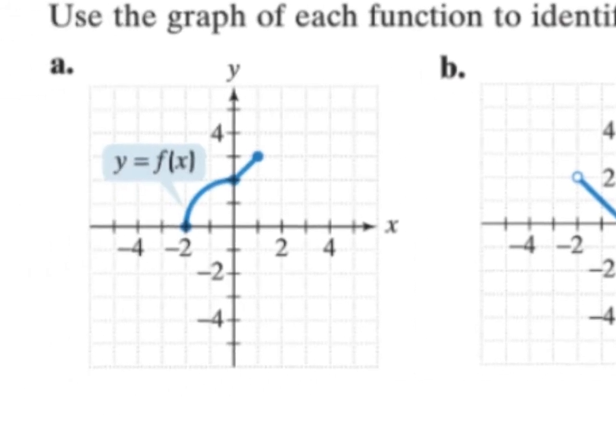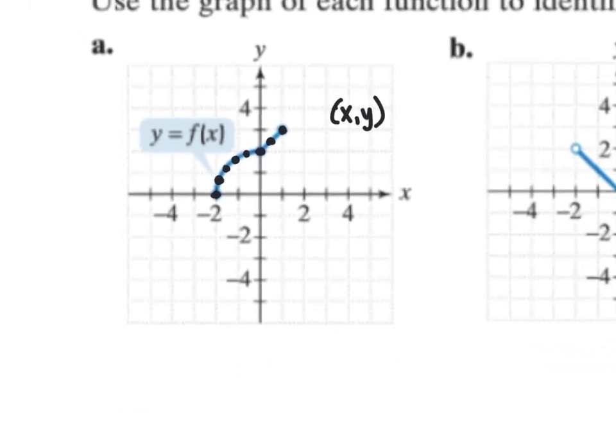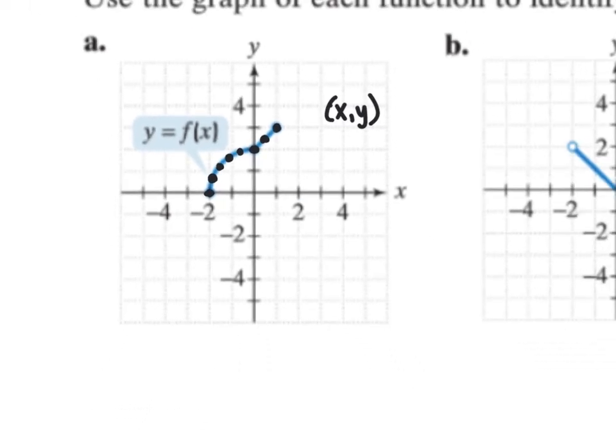And what I want you to see here is that on this graph, we have a part of a graph, this little half circle and then a line. And what I have on each of these are points, so I have points along this graph, over a certain area, and all of those points contain x, y.